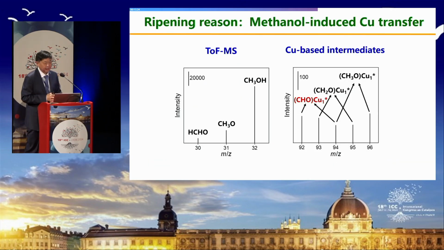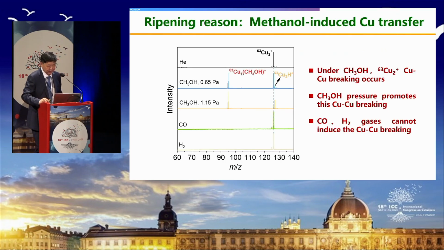But why? The reason is the methanol-induced copper species. We use TOF mass and also other techniques to confirm there are many different copper intermediates. This intermediate also can be controlled by the pressure and the gas phase. But only methanol easily forms the copper species.